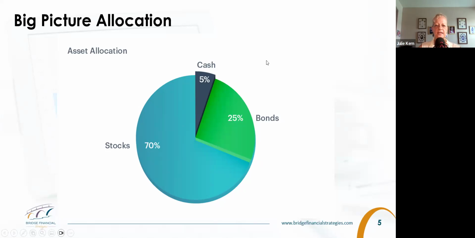So we add these together to get the other percentage of 30. And so we would call this a 70-30 portfolio. So if you ever hear me talking about, oh, you have a 60-40, you have a 70-30, this is what I'm referencing, percentage of stocks to bonds and cash.